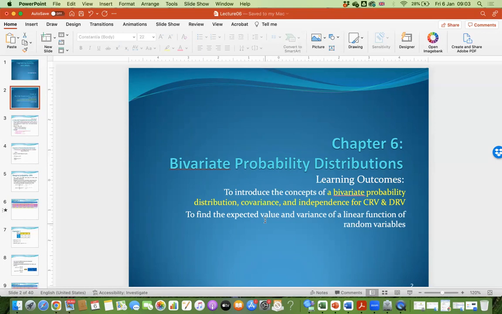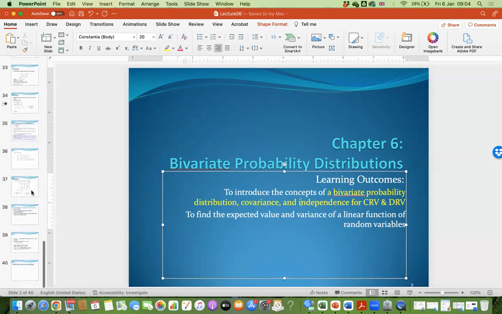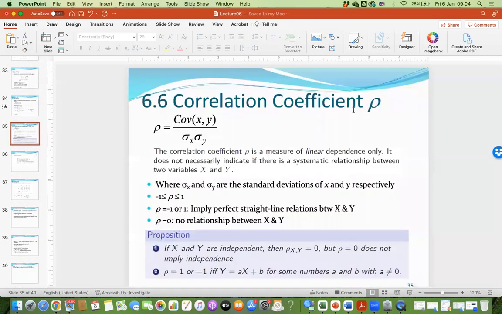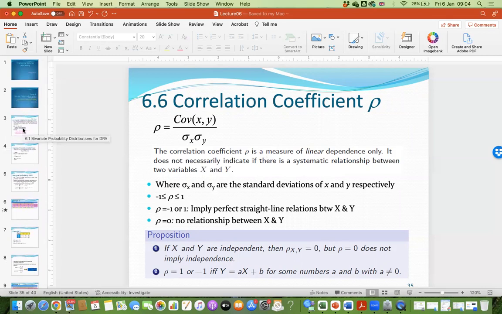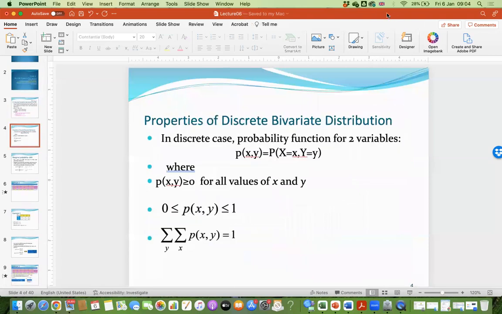Okay, and also we want to find whether they are independent or dependent, so we use covariance. We are also going to learn about the correlation coefficient, which checks whether your two variables are linearly dependent. It doesn't mean that... we will talk further on that part. Okay, so next.